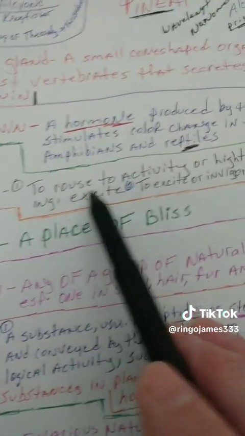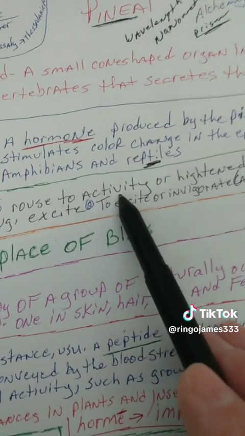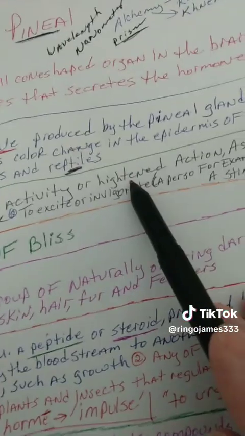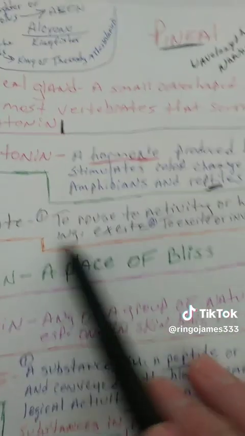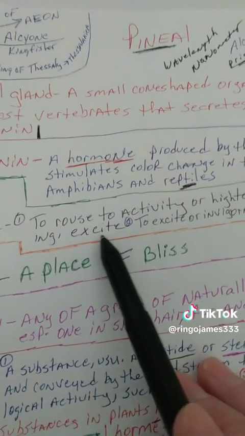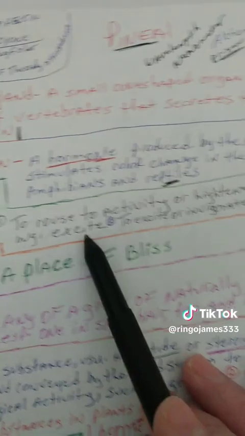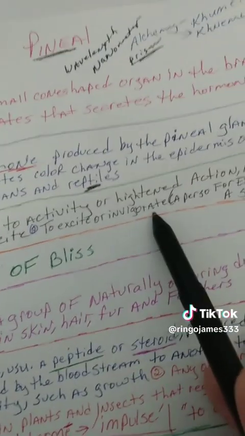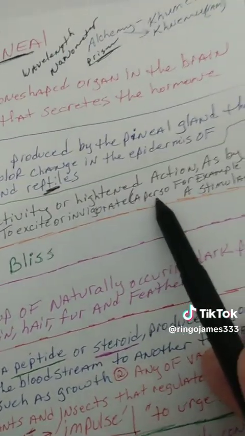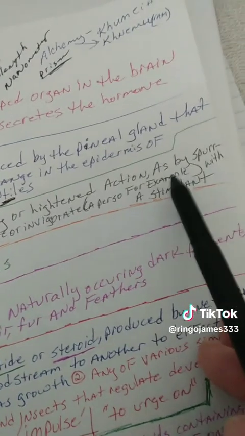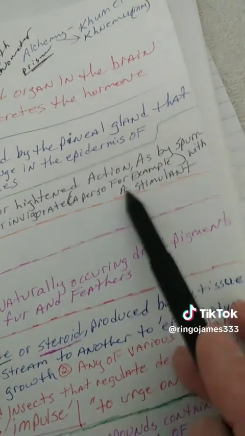Okay, so let's break it down. Stimulate: to rouse to activity, it activates the color, or heightened action as by spurring or exciting, okay? To excite or invigorate a person, for example, with a stimulant, okay?